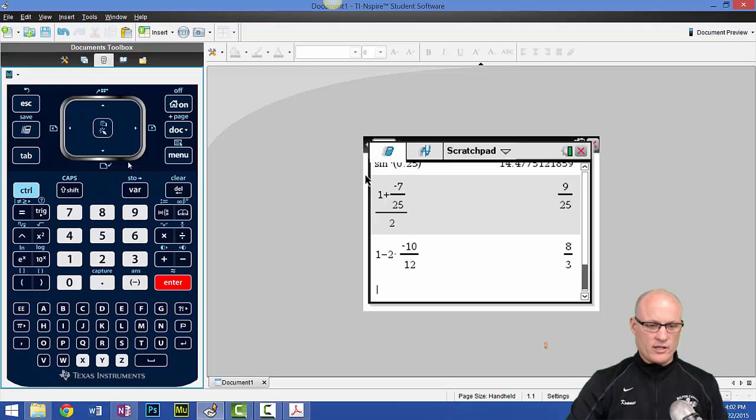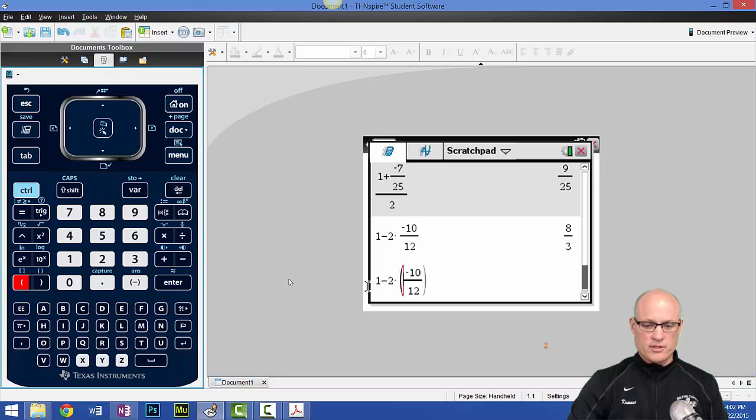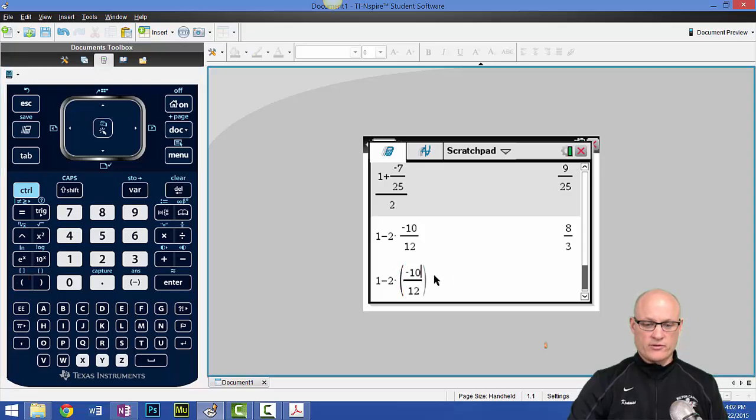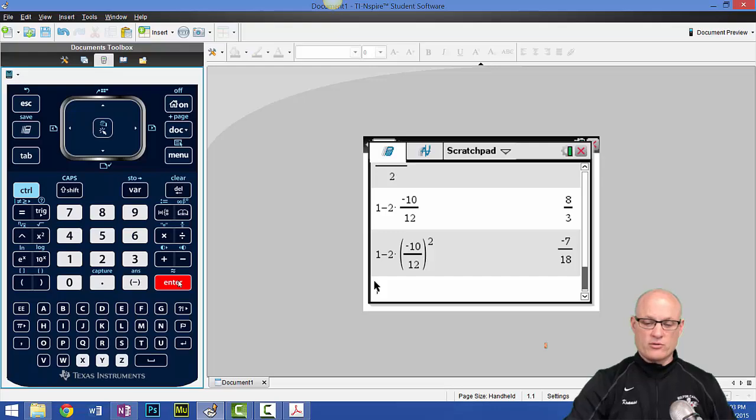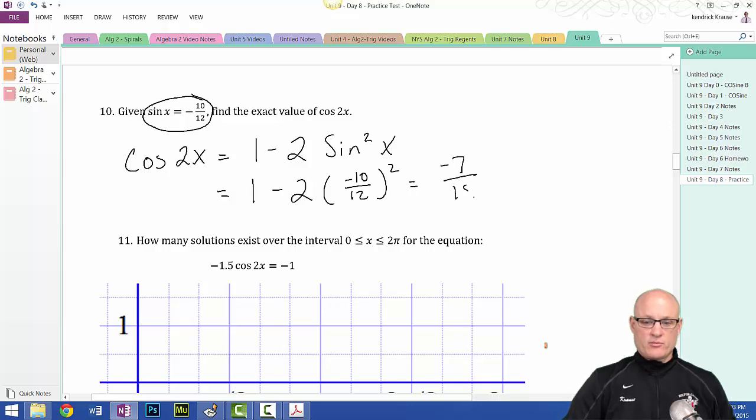Oh, forgot the square. Doggone it. Got to go back. Put a parenthesis here. And we forgot to square this thing. Makes a huge difference when you don't square this thing, doesn't it? Just a simple little thing. And now we got negative 7 over 18. And that's what my answer key says, so that's good. Negative 7 over 18. Don't miss things. Don't miss things. Moving on.